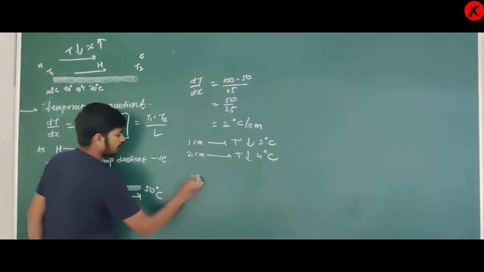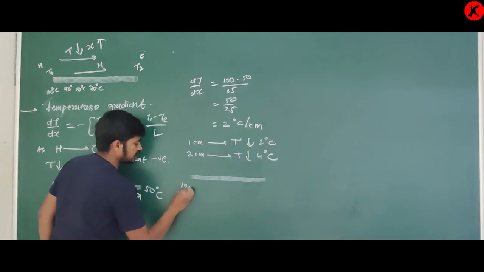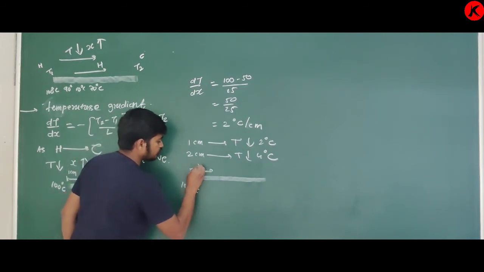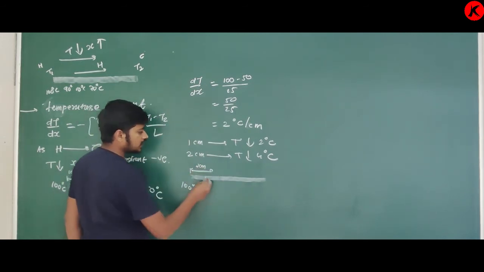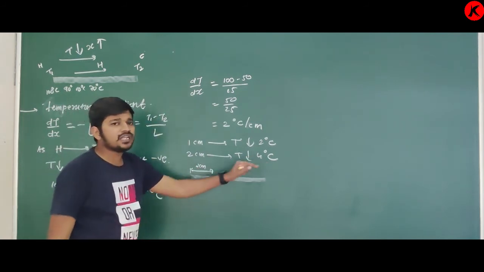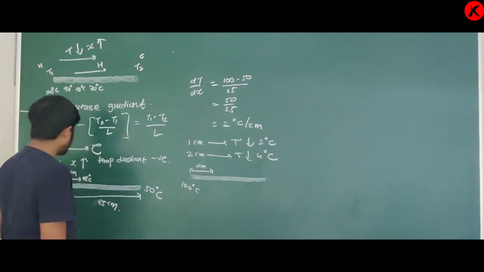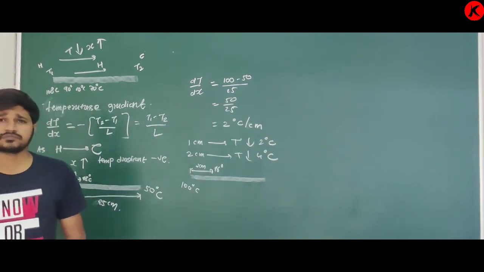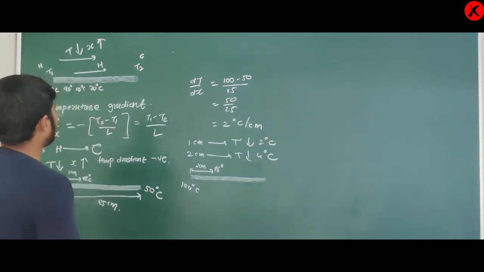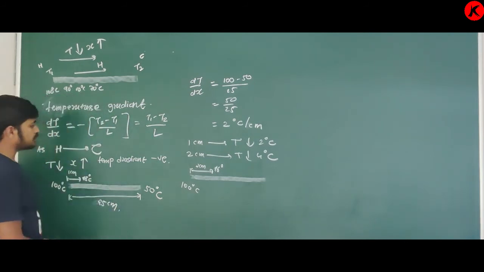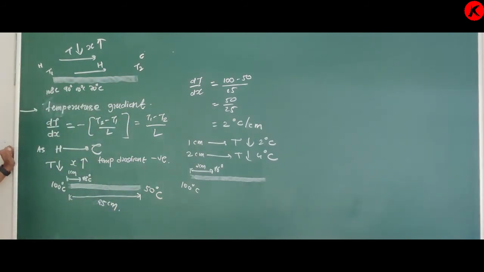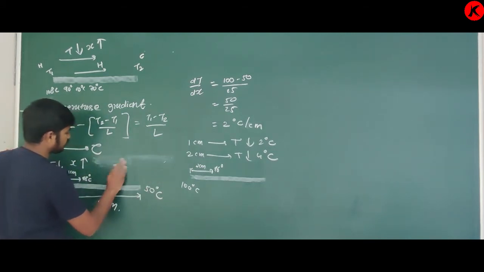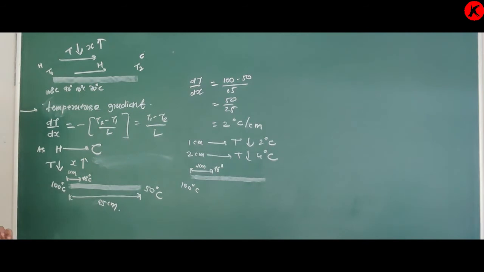Then from the same rod, if here it is 100 degrees Celsius, at a distance of 2 centimeters the temperature will be 100 minus 4, that is 96 degrees Celsius. So this is the meaning of temperature gradient. Clear about this? You do not have to write this formula, but you have to remember the meaning of this.